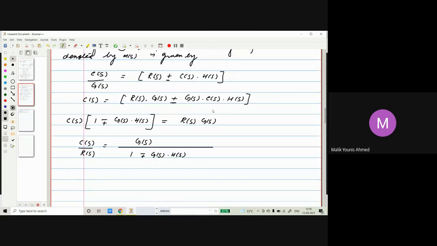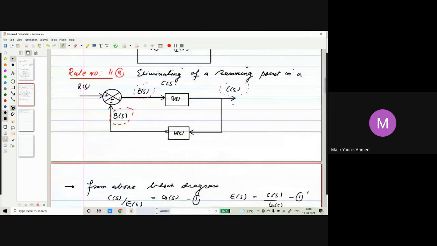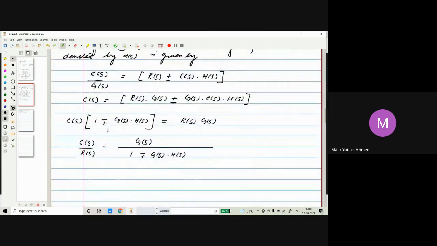So whenever you have to write the overall transfer function for a closed loop system, that means there is a transfer function and feedback is going to the summer again. This is called a closed loop system. So you should always remember this formula. This is the overall transfer function, that means G of s divided by 1 minus plus G of s H of s.